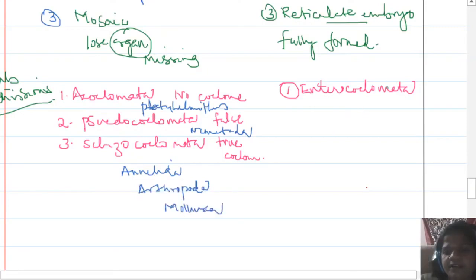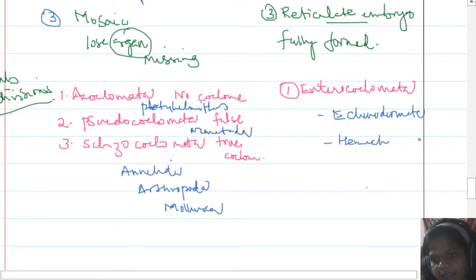And here in the Enterocoelomata we see Echinodermata. These are the phyla. That is the next division, right? From the subdivisions we get divisions, phylum. Echinodermata, Hemichordata, and Chordata. And we are in this, right?